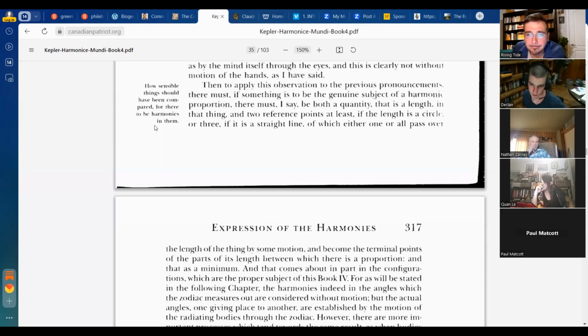Then to apply this observation to the previous pronouncements, there must, if something is to be the genuine subject of the harmony and harmonic proportions, be both a quantity, that is a length, in that thing, and two reference points at least, if the length is a circle, or three if it is a straight line, of which either one or all pass over the length of the thing by some motion and become the terminal points of the parts of its length between which there is a proportion, and that as a minimum.